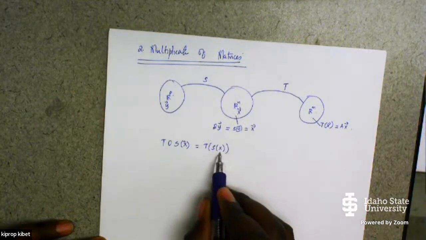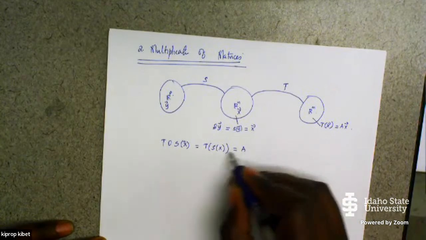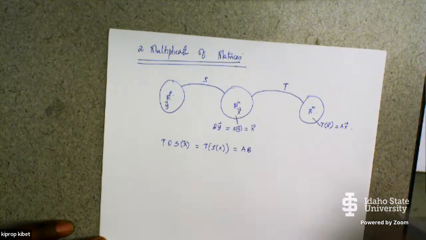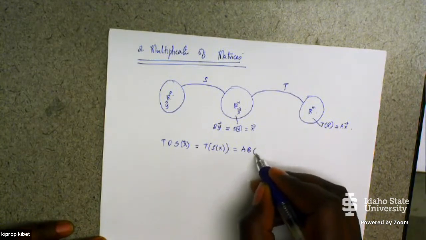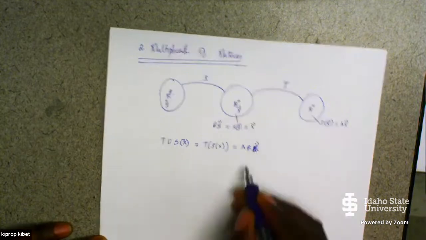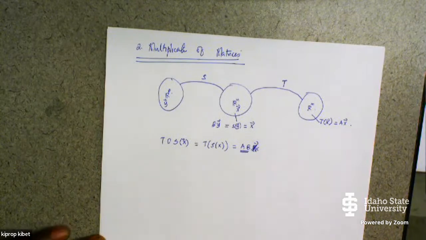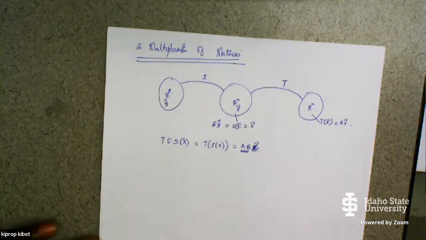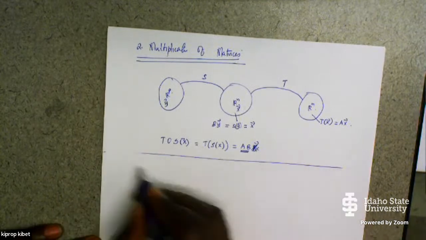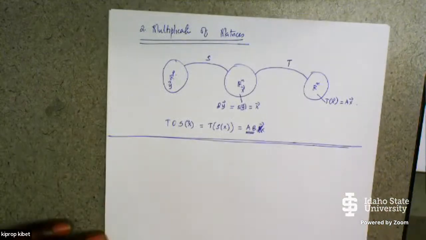So it is the same as actually multiplying A and B of X. So basically, you multiply A and B. So that was a sketch. Now let's write this definition here to see if it is making some sense.